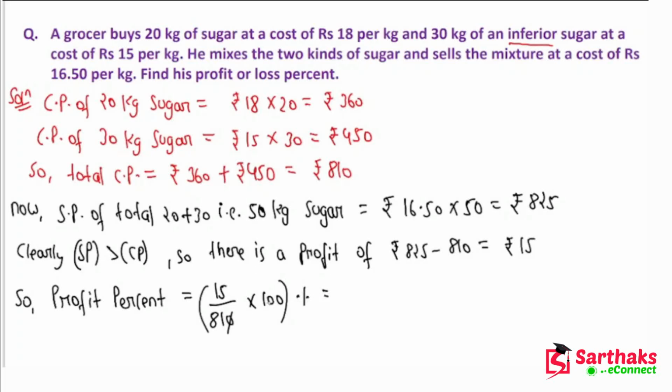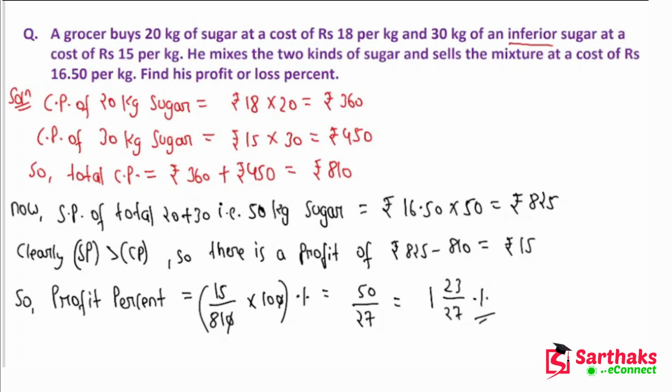So calculating, cancelling out the 0, and after cancelling them with 3, we will get 50 upon 27, and if we divide it, it will be 1.85%, right? So it is almost about 2%, so he is in a profit of 2% after mixing the sugars, right? So this was the question.